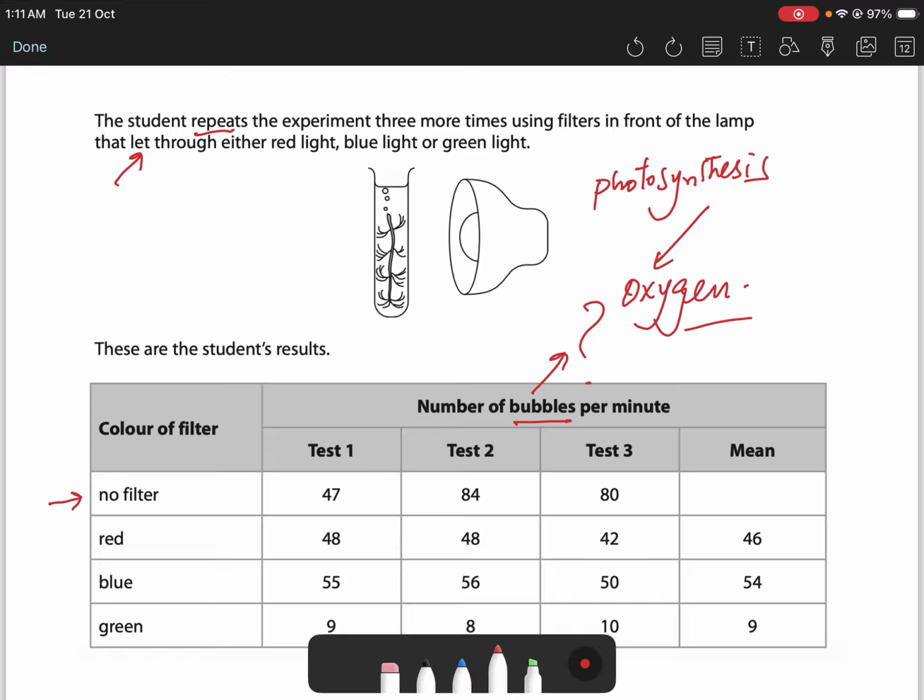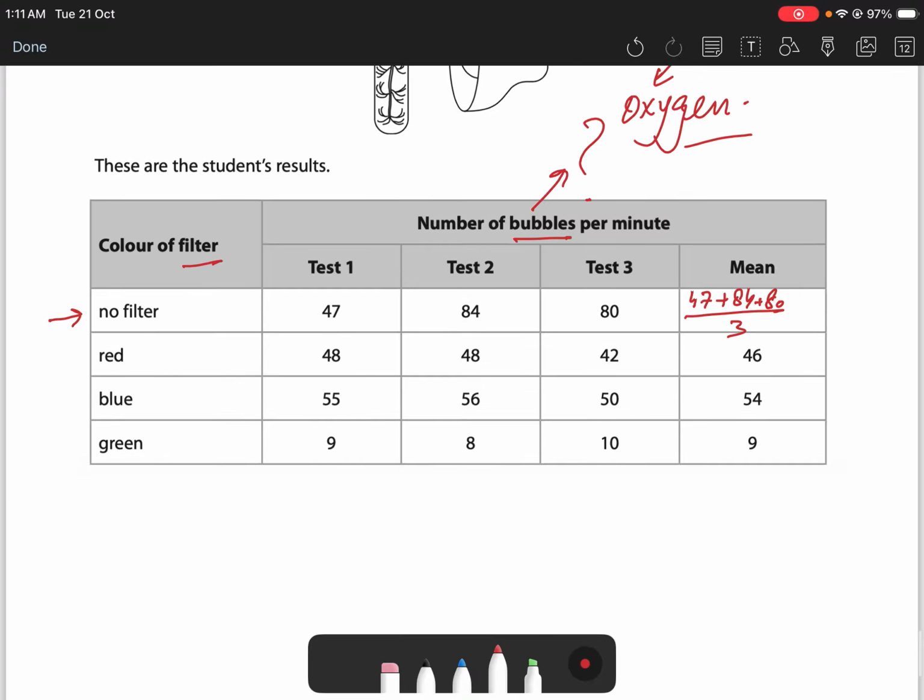This part is okay, but you can find it by 47 plus 84 plus 80 divided by 3, but don't worry, it's not really important. When you use the filter, it means that that color will be reflected. Okay, so red, number of the bubbles produced over here is 48, 48, 42. So these are the numbers of the bubbles.